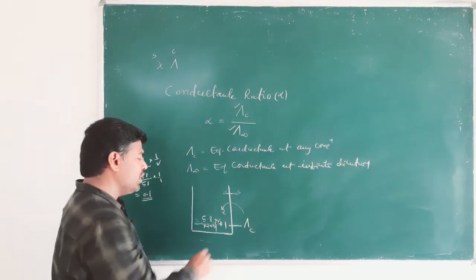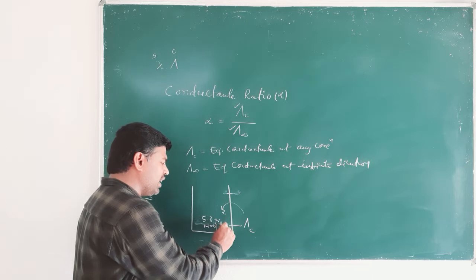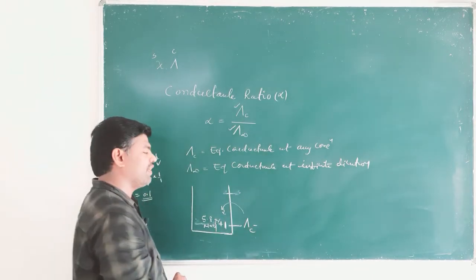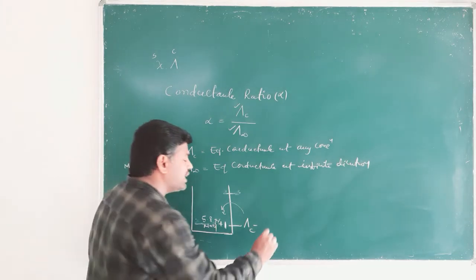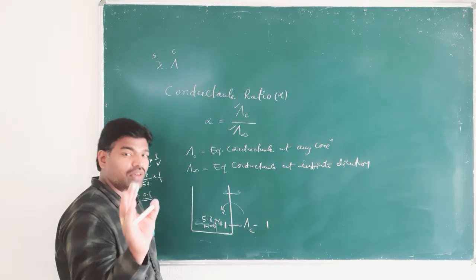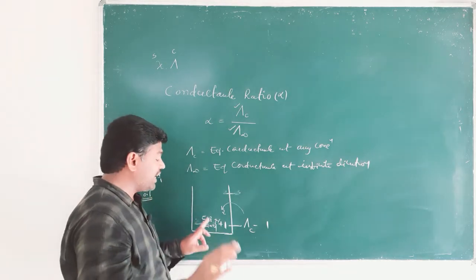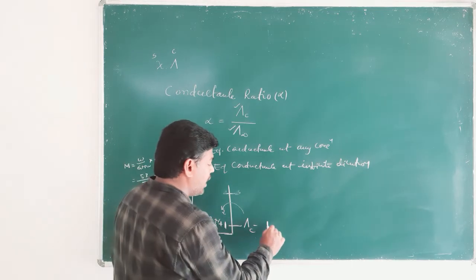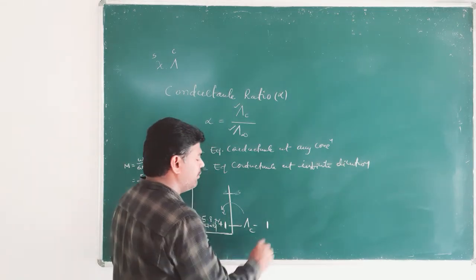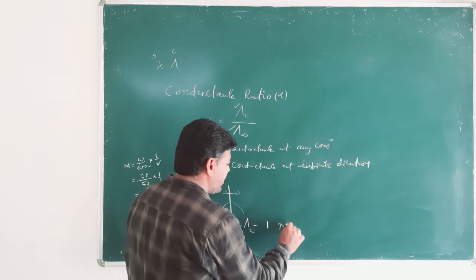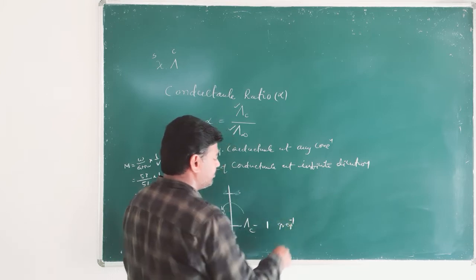For example, at a total volume of 1 liter, suppose the equivalent conductance comes out to be 1 ohm inverse centimeter square gram equivalent inverse.